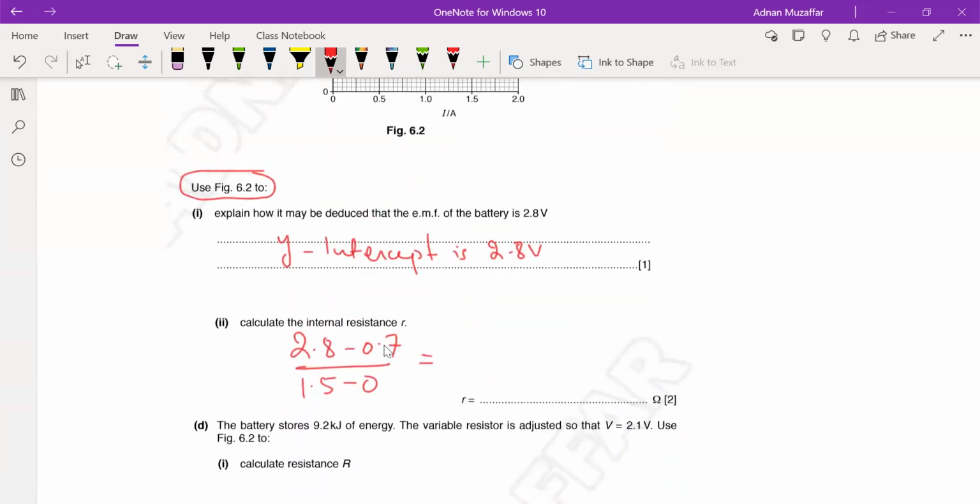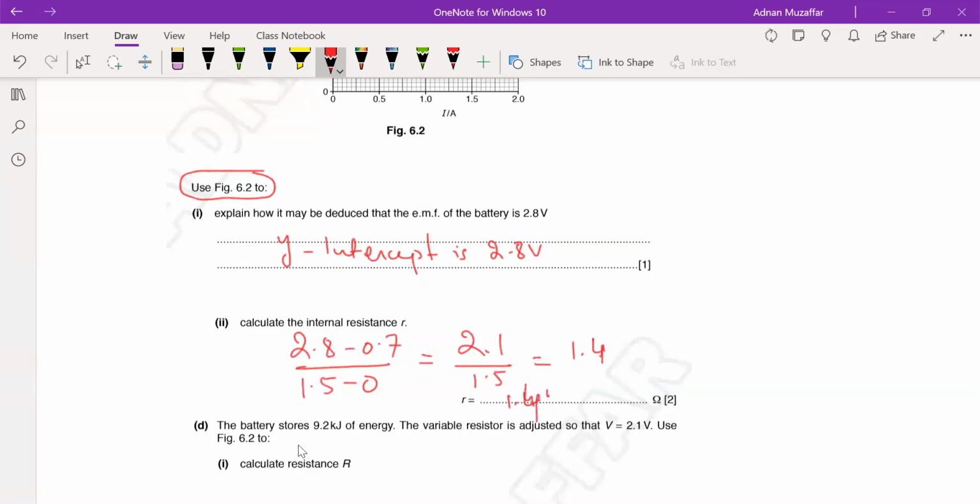So what would the answer be? 2.1 divided by 1.5. Let me calculate. The answer is 1.4. Yes. So 1.4 ohm is the resistance.